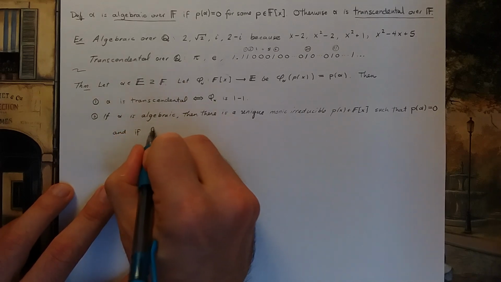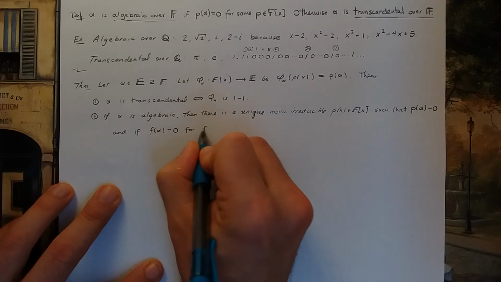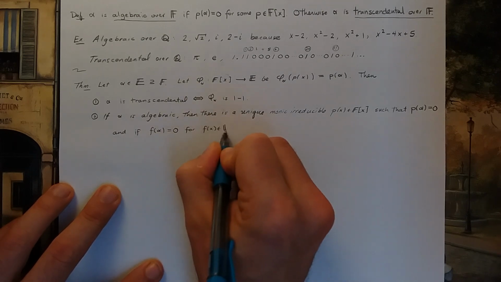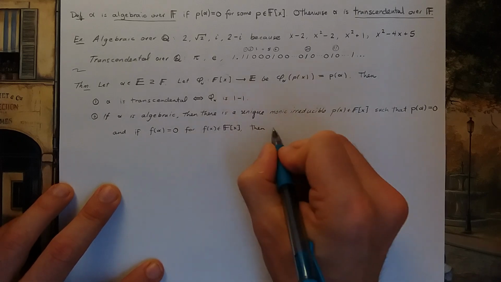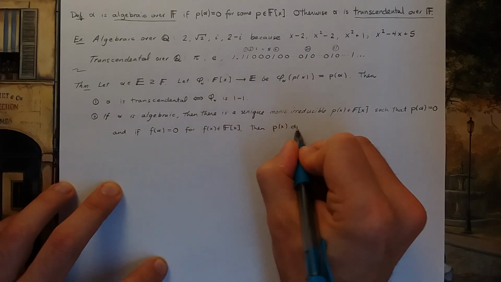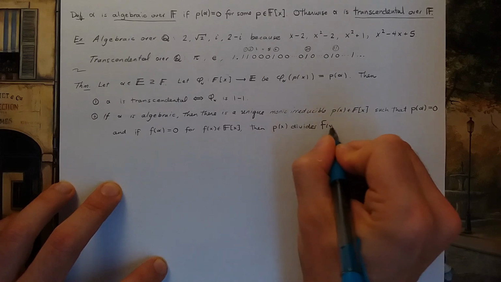if f of alpha equals 0 for some polynomial with coefficients in your field, then p of x divides f of x.